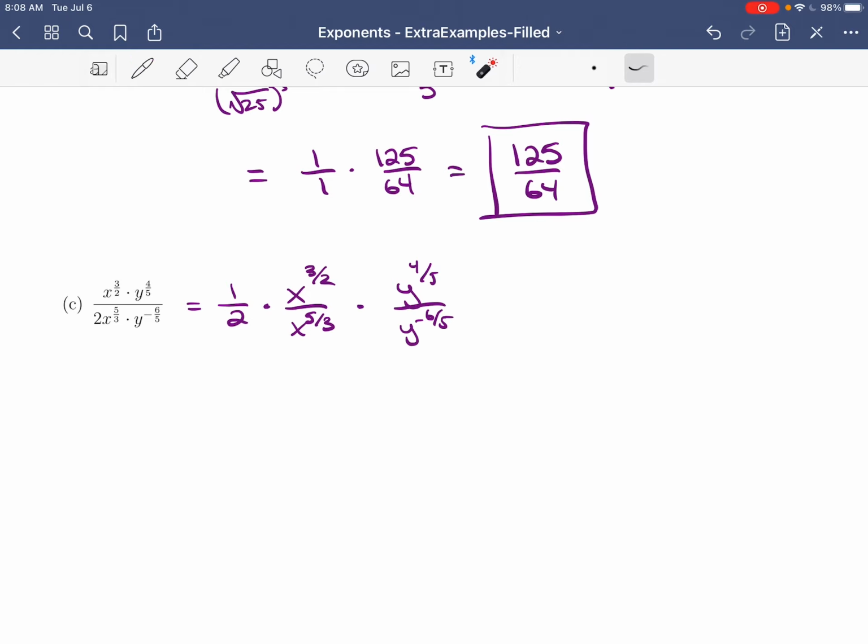You don't have to do this step, but I just want to make it clear. Now I have division with the same base. Okay, so my exponent rule says to take the top exponent and subtract the bottom exponent. Okay, so I'm going to do that twice. So this is x to the 3 over 2 minus 5 over 3. And this one is y to the 4 over 5 minus negative 6 over 5.